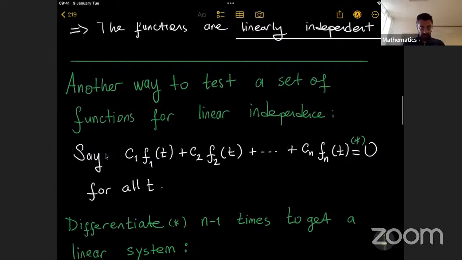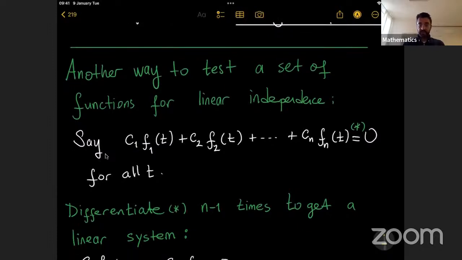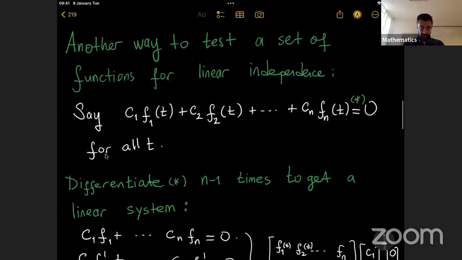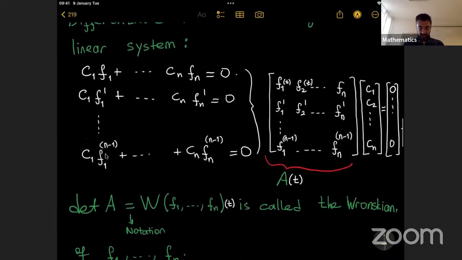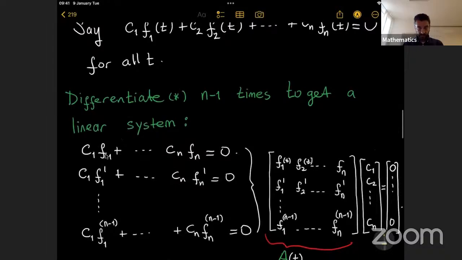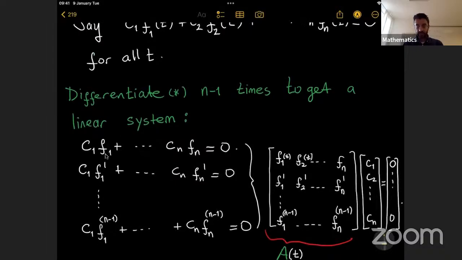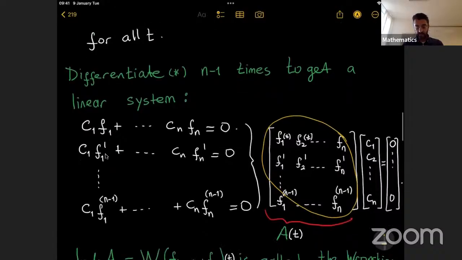Another way to test linear independence is to write a Wronskian. Remember, the Wronskian is: you have, let's say, f1 up to fn, n functions, and you write this matrix here, and this is called the Wronskian of the set of these functions.